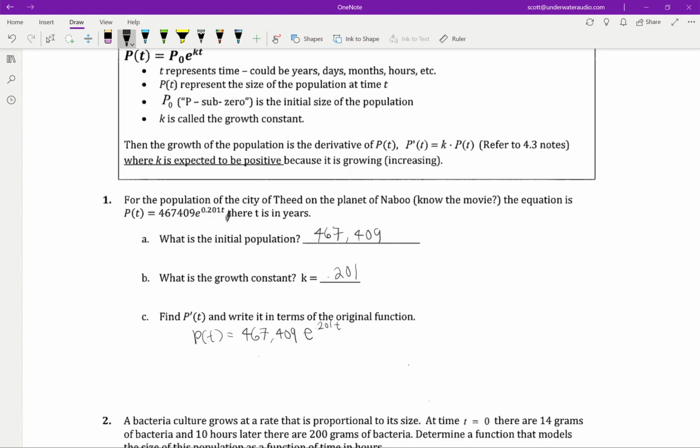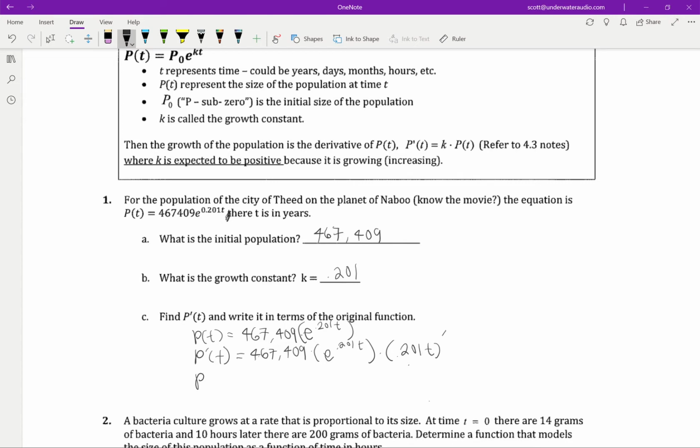So I have a constant times an exponential. So when I take the derivative, P prime of t, the constant I can just leave out in front and just focus on the other part. So to take a derivative of this exponential, it's really just the exponential e^(0.201t), but then I multiply by the derivative of the exponent.